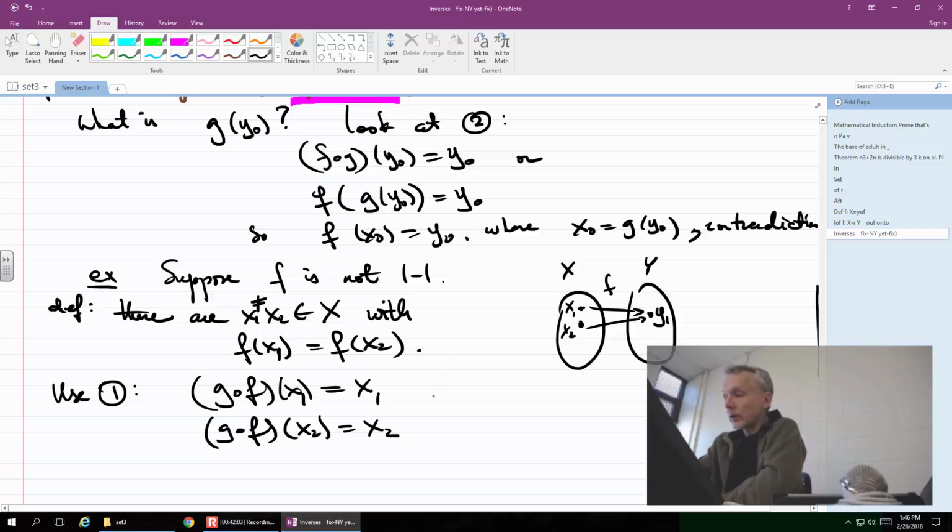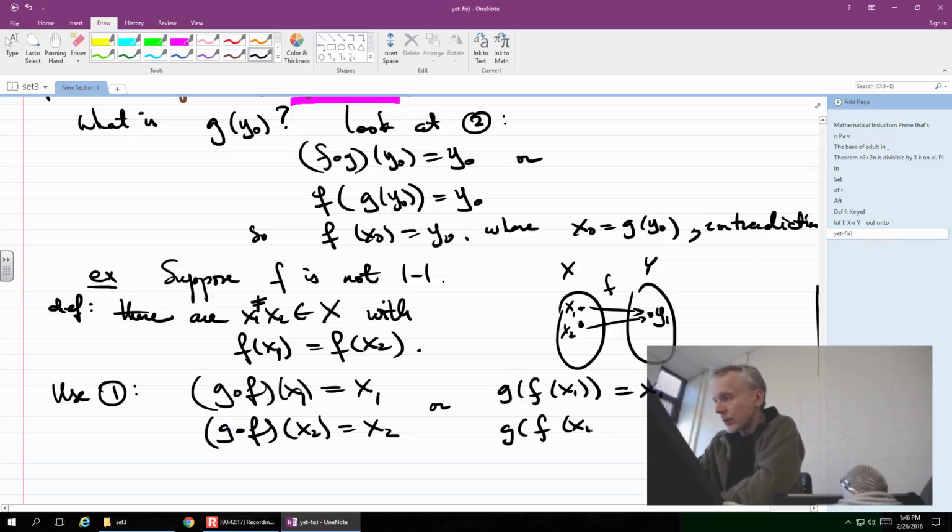Once again, you can continue on and get rid of those circles and replace them with substitution in a bunch of parentheses. So I have g of f of x1 is equal to x1, and g of f of x2 is equal to x2. But now what? How about we call this y1 once again?